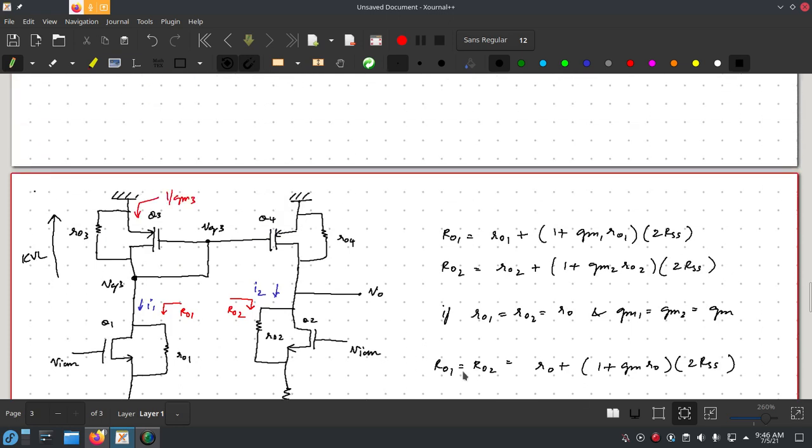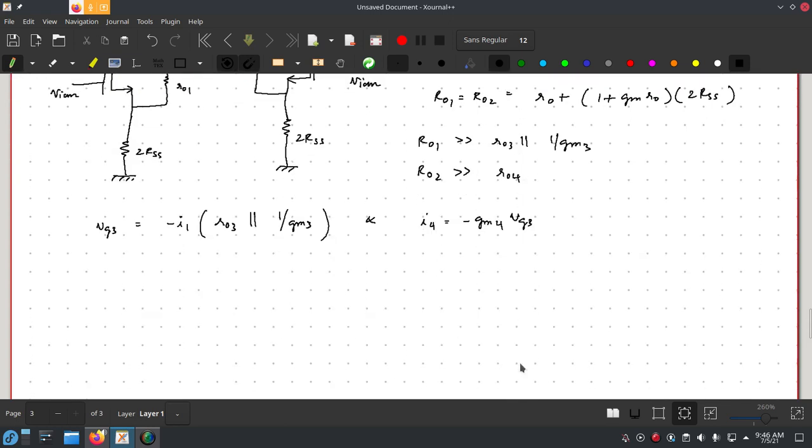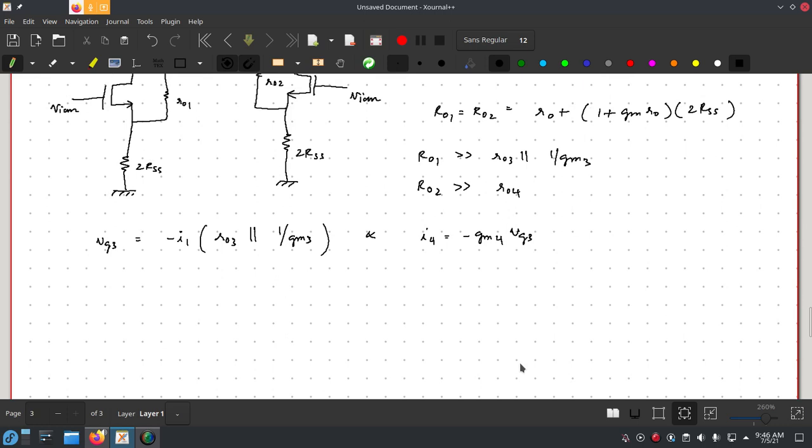VG3 is the same voltage which is supplied to the gate of Q4, and because of this VG3 you have a drain current flowing across Q4, so that is written as I4. Now substitute the value of VG3 in this, therefore I4 is equal to I1 into Gm4 into 1 by Gm3 parallel R naught 3.